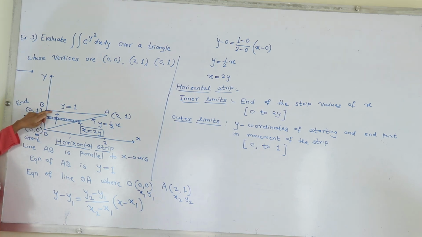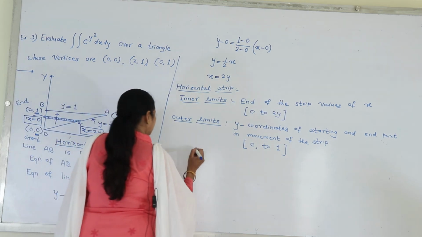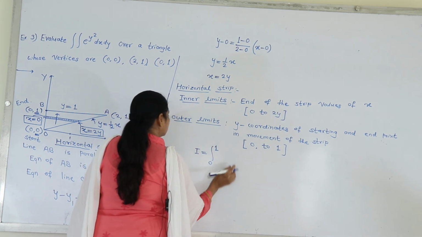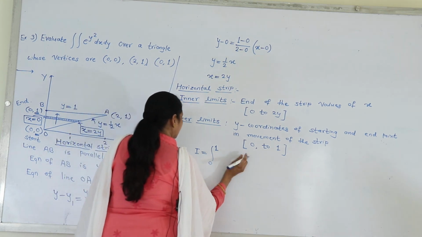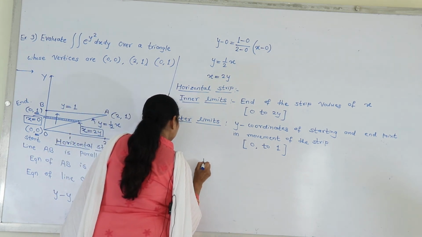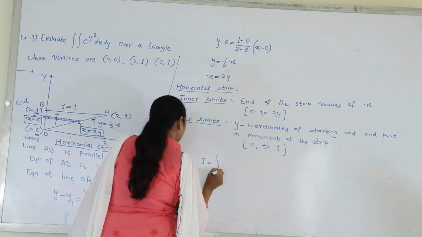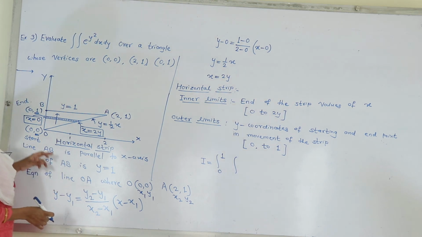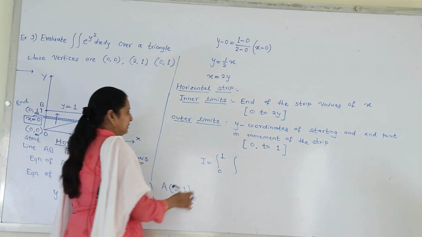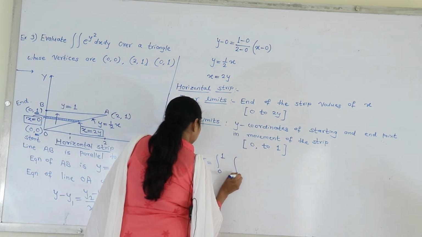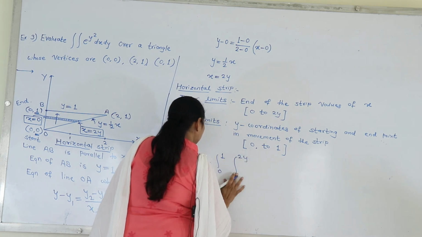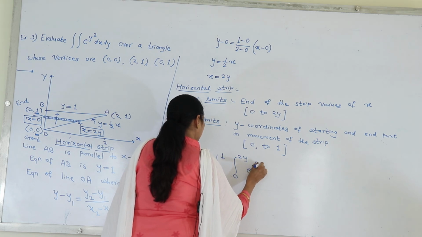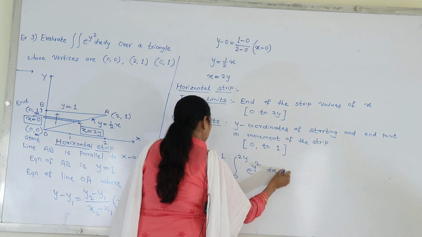Movement is always in upward direction, then integration becomes 0 to 1, outer limits, then inner limits: x is equal to 0 and x is equal to 2y, means 0 to 2y. The term is e raised to y square dx dy.